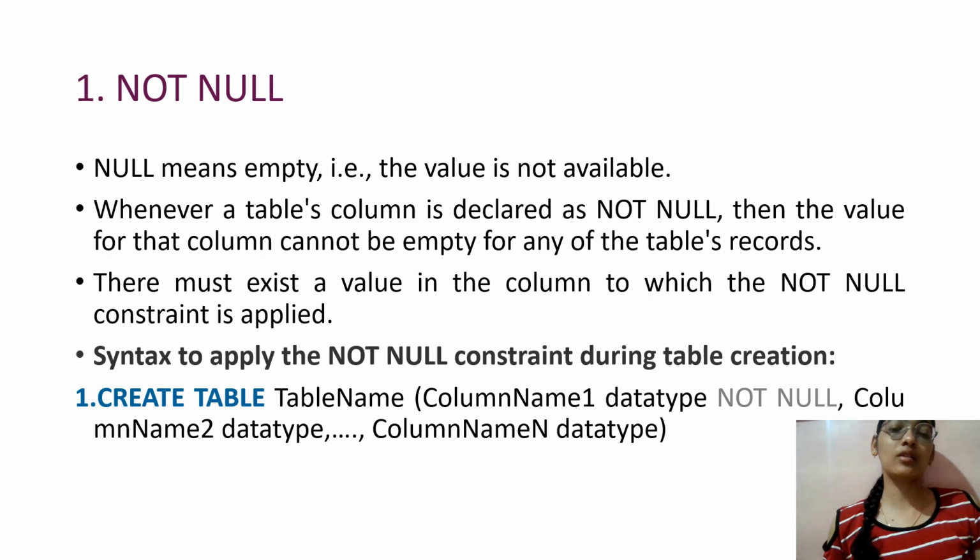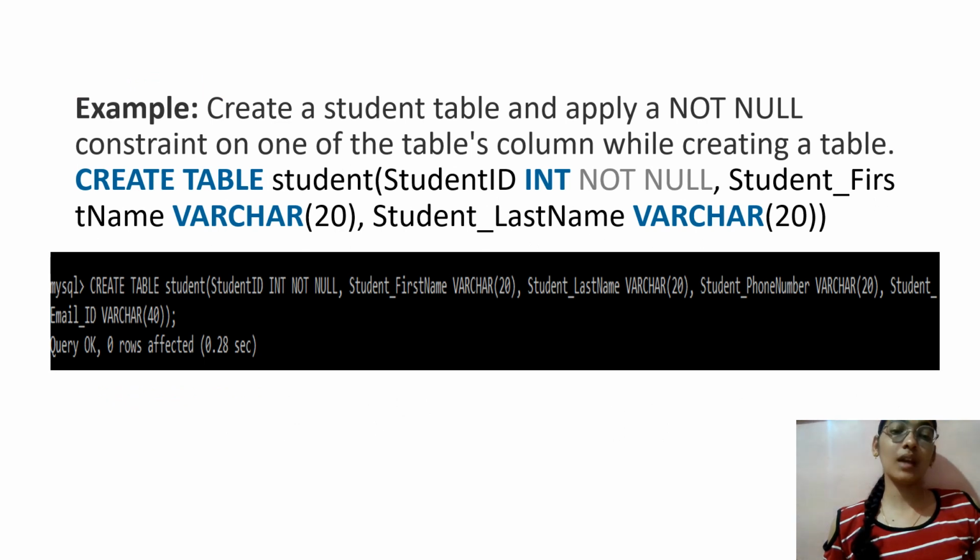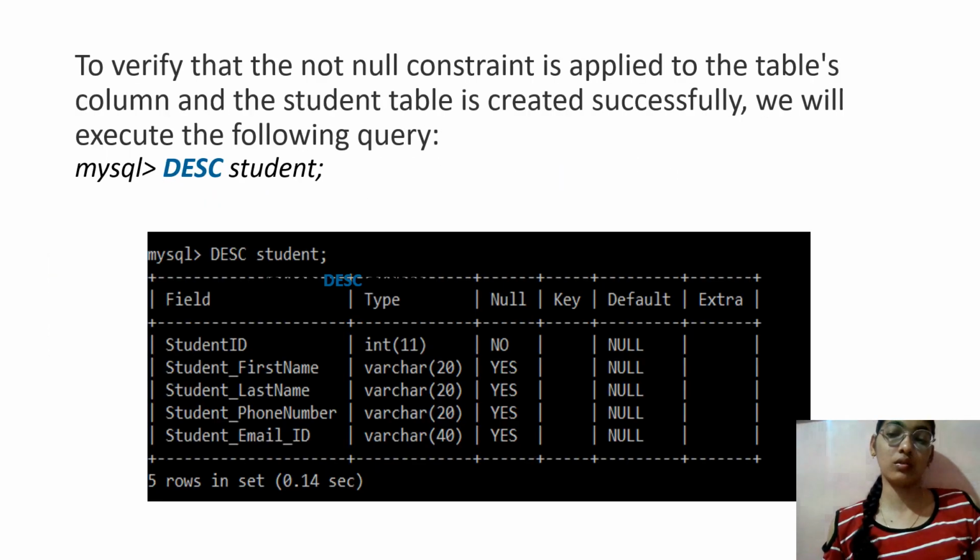Syntax to apply the not null constraint during table creation is as follows. Example: create a student table and apply a not null constraint on one of the table's columns. While creating a table, you can see this. We can run the below code in MySQL also.